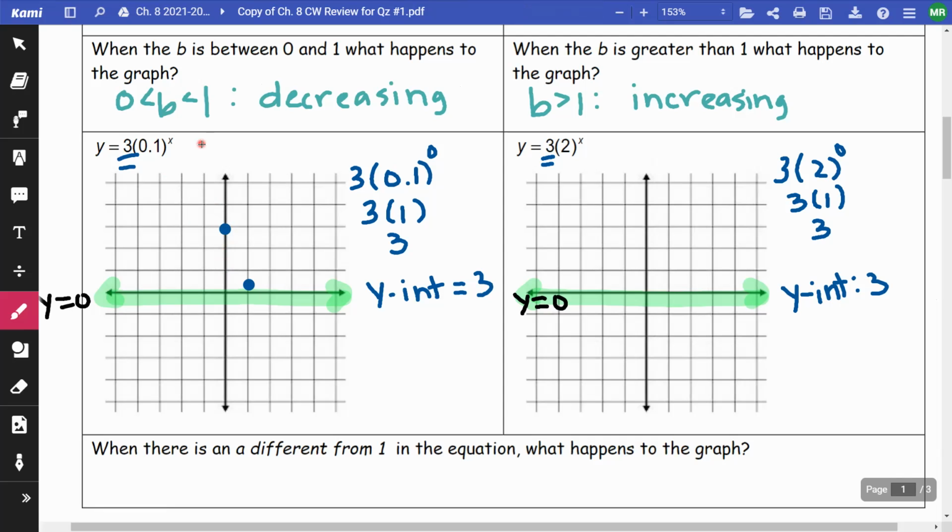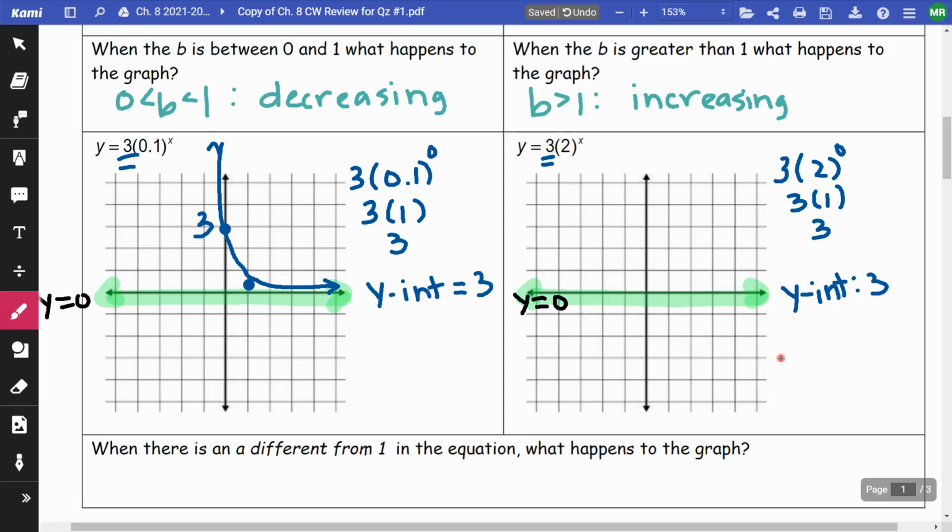So this would go up to 30, but I cannot draw that high. So when I graph this, again, I'm going to have a decreasing graph because my b is 0.1. I started at a height of 3 because of the 3 in front of my base to a power.